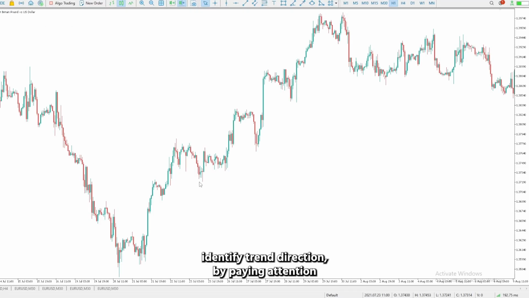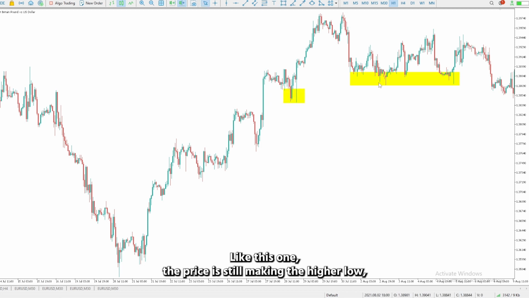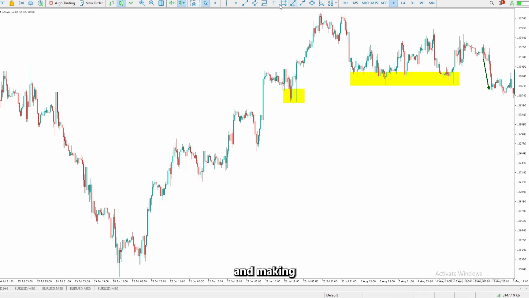The first one, we should identify trend direction by paying attention to lower highs or higher lows. As we can see, the price is not making a higher low again. Like this one, the price is still making a higher low, but then the price starts to break the low and making a lower low.